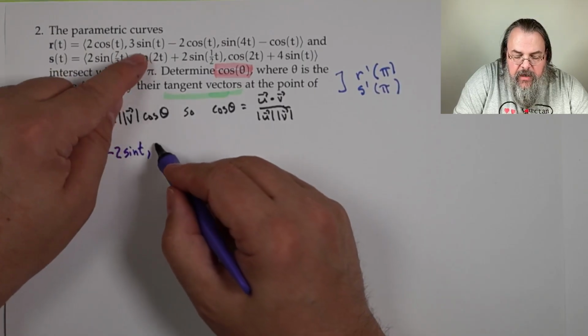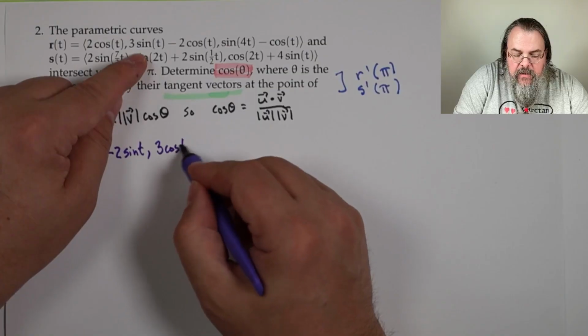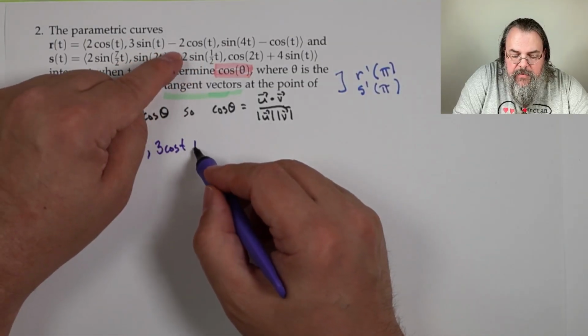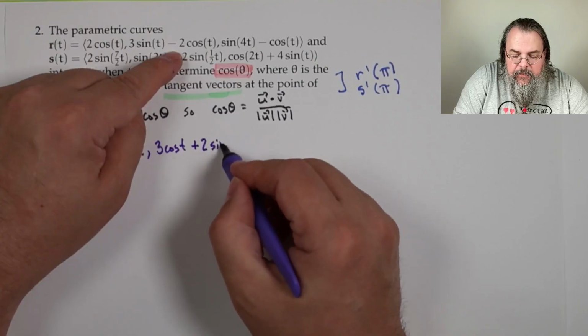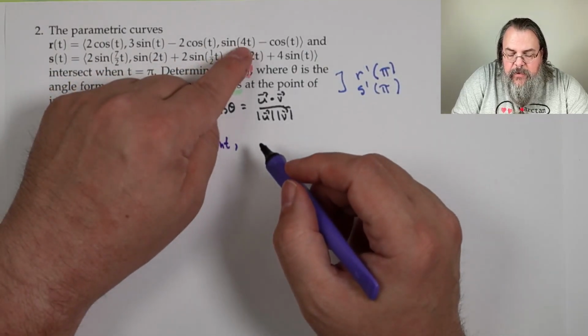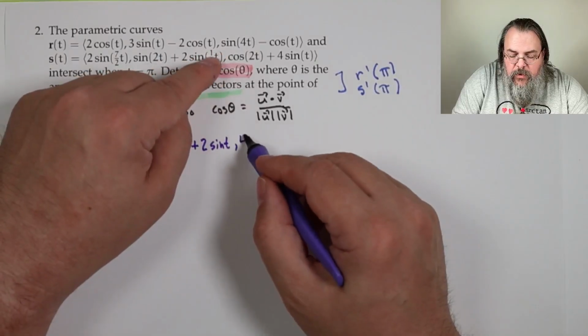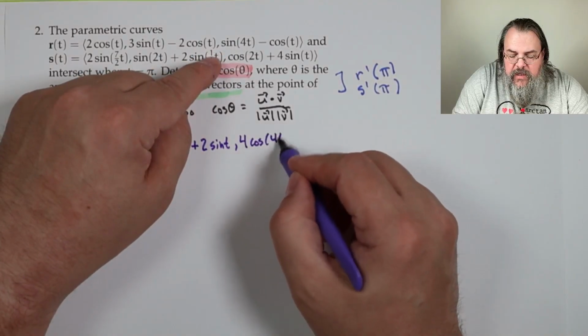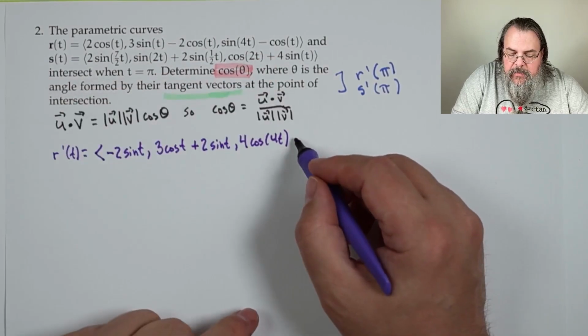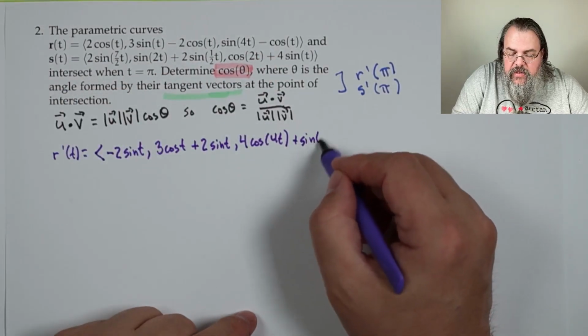Derivative of sine is positive cosine. Derivative of cosine is negative sine, minus, so that'll become a plus 2 sine t. All right, derivative of sine is cosine. Don't forget the chain rule. So that's 4 cosine 4t. And the derivative of cosine, negative sine, so that'll be plus sine of t.